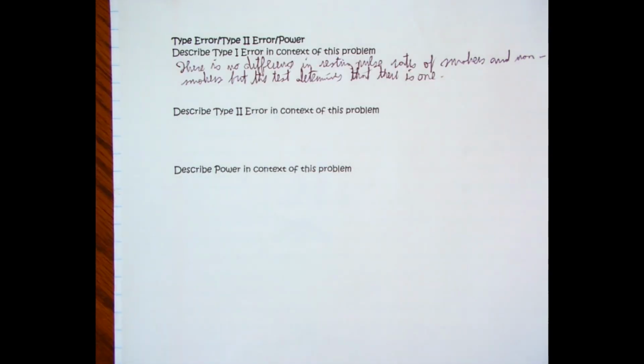Okay? So our hypothesis test failed. What we should have done is we should have failed to reject the null. But what happened is we rejected the null and we determined that H of A is true. That's what type 1 error would be.